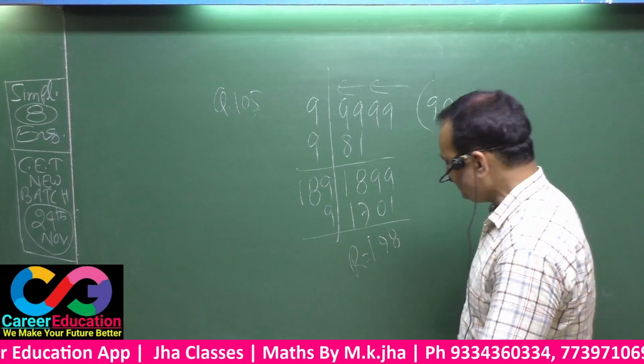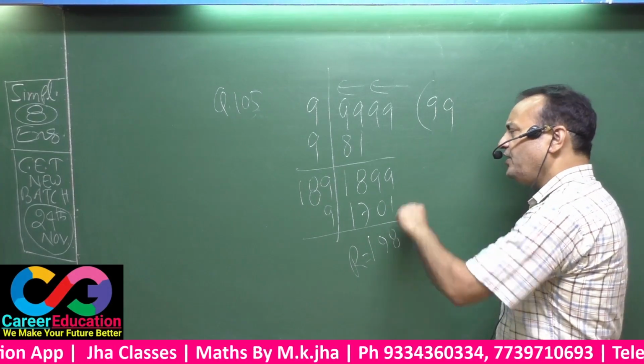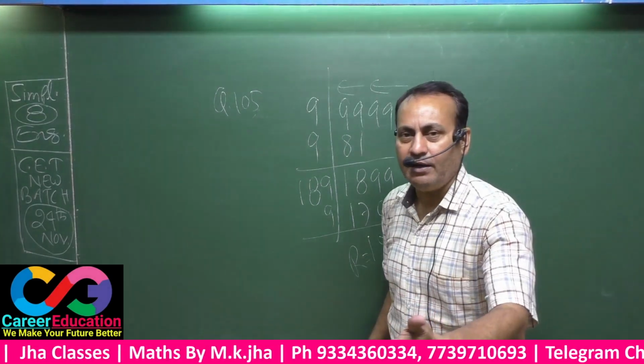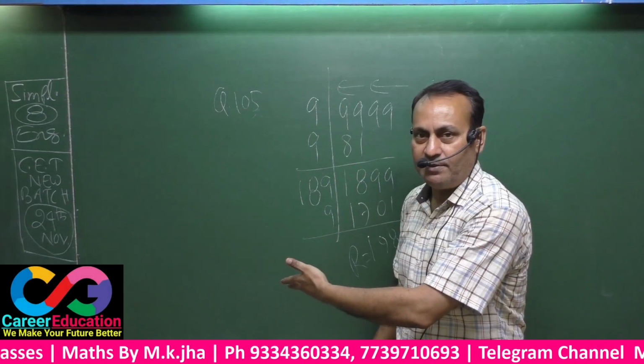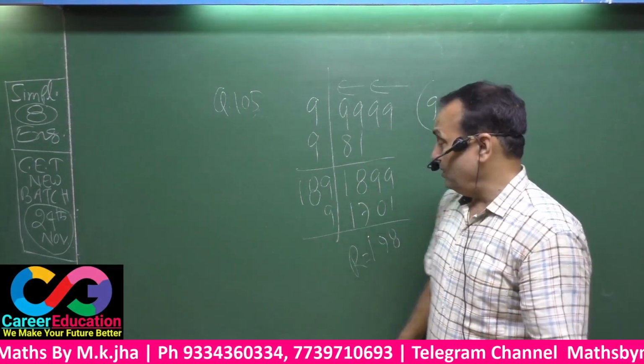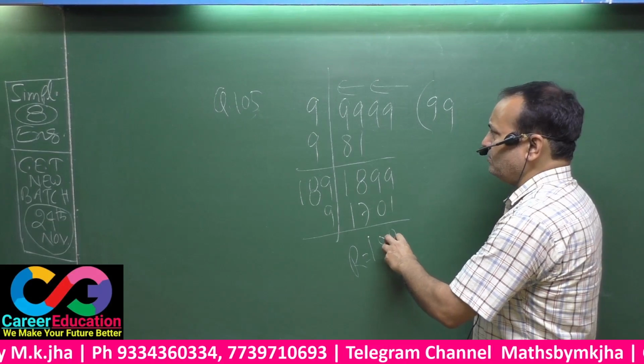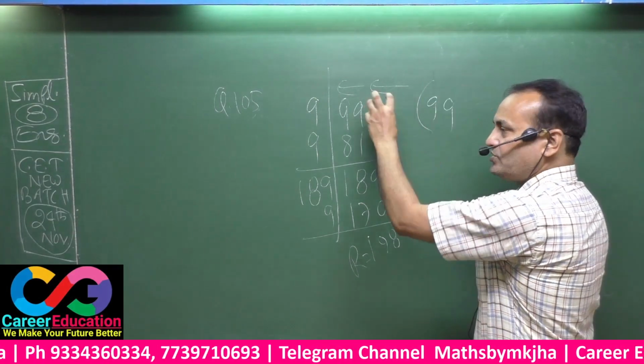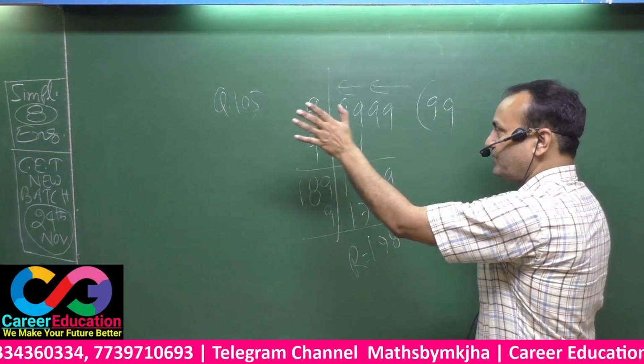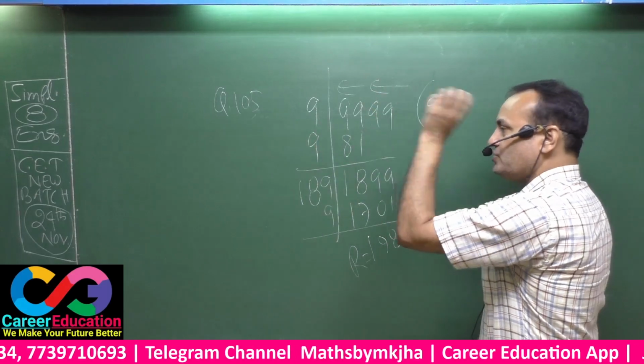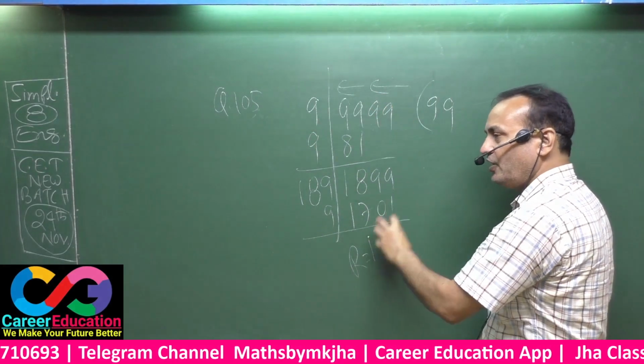See here. Now since you got 198 as your remainder after division of this number through a square root, it shows this number is the biggest 4-digit number but not a perfect square number. If this is a perfect square number, certainly here will be 0 coming.